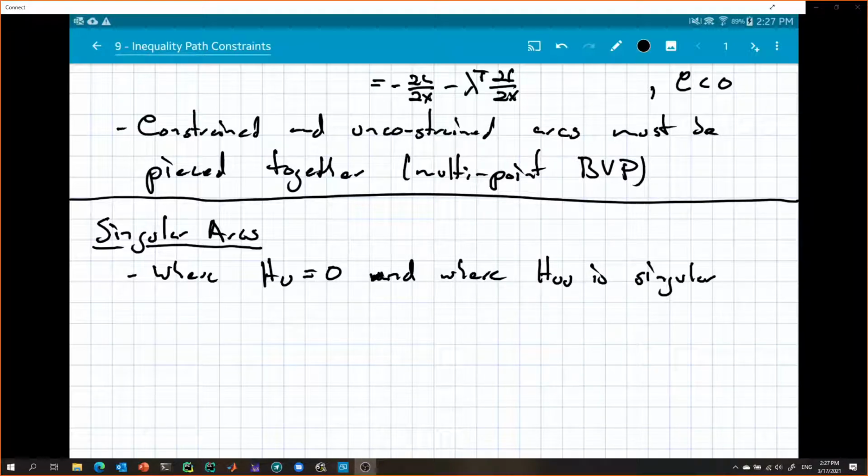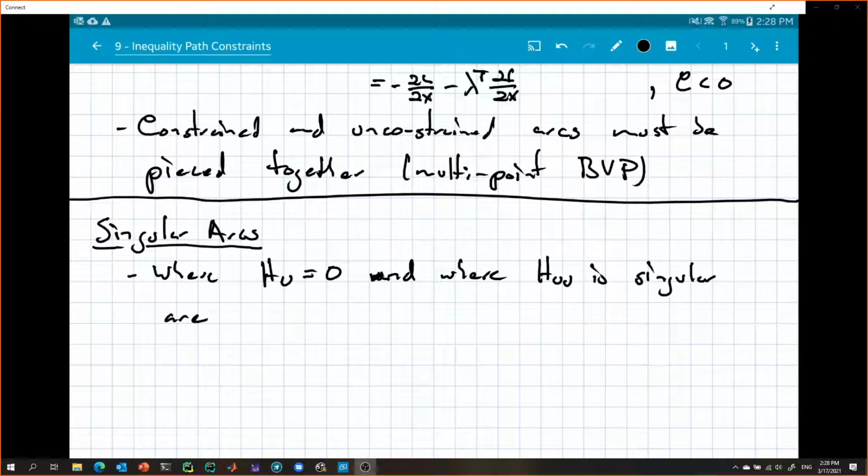If you don't remember your linear algebra, singular means one of the eigenvalues is 0, so the matrix acts like 0, so you can't invert it.